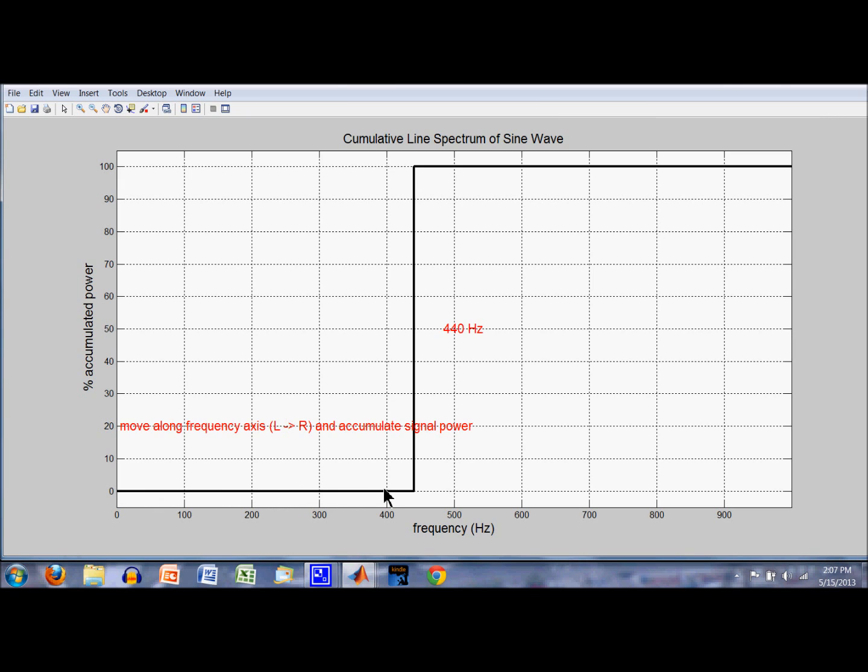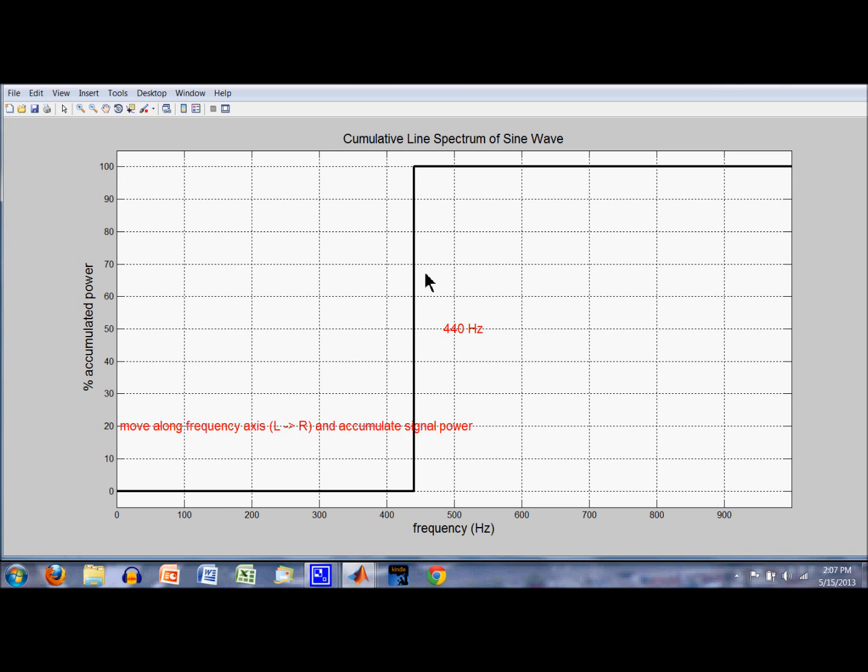We go all the way up to 400 hertz, and there's no accumulation because there's no component at 400 hertz or less. At 440 we have our one and only component, which brings us up to 100%, and it stays that way. So the cumulative line spectrum of any wave is going to be a non-decreasing curve. It may be flat, but it's never going to decrease.